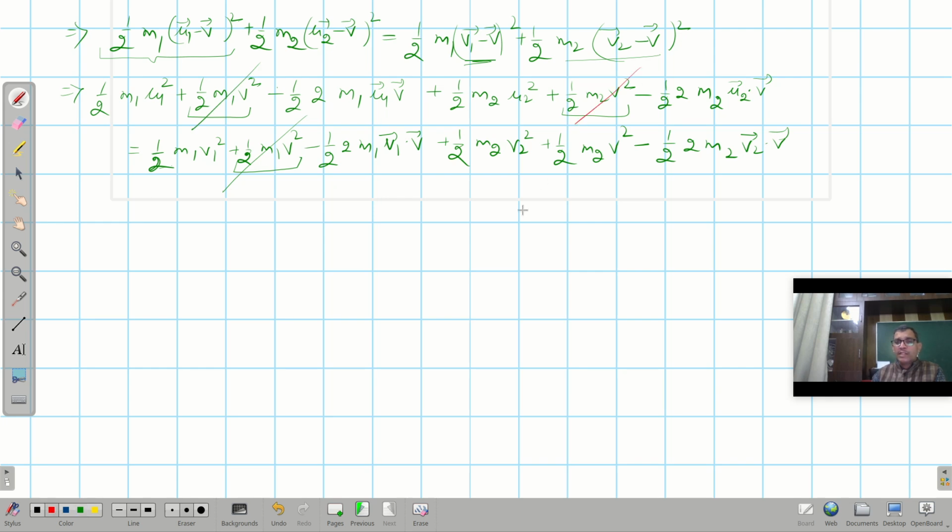So we will remain with one by two m1 u1 square plus one by two m2 u2 square, and this will cancel out with it, and this 2 will cancel out with it.